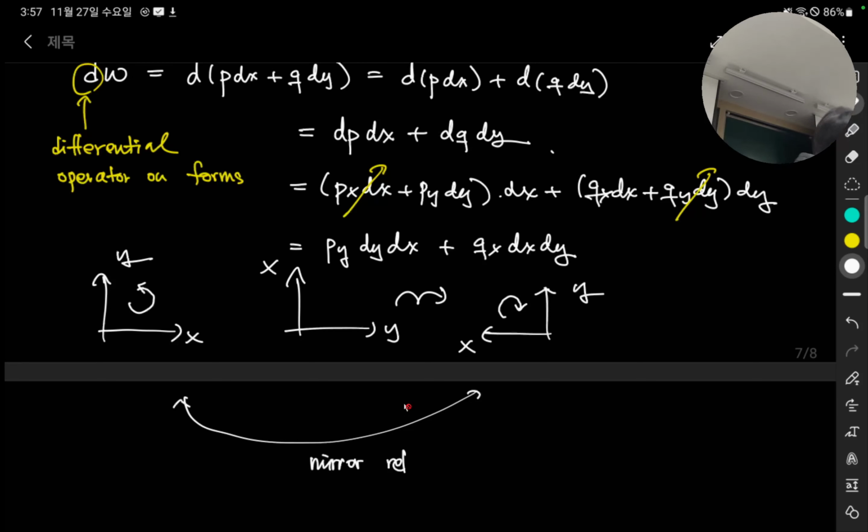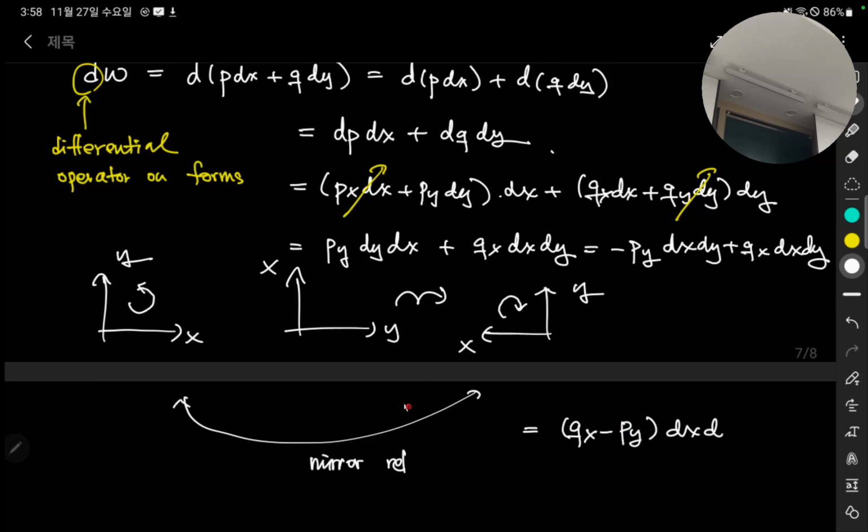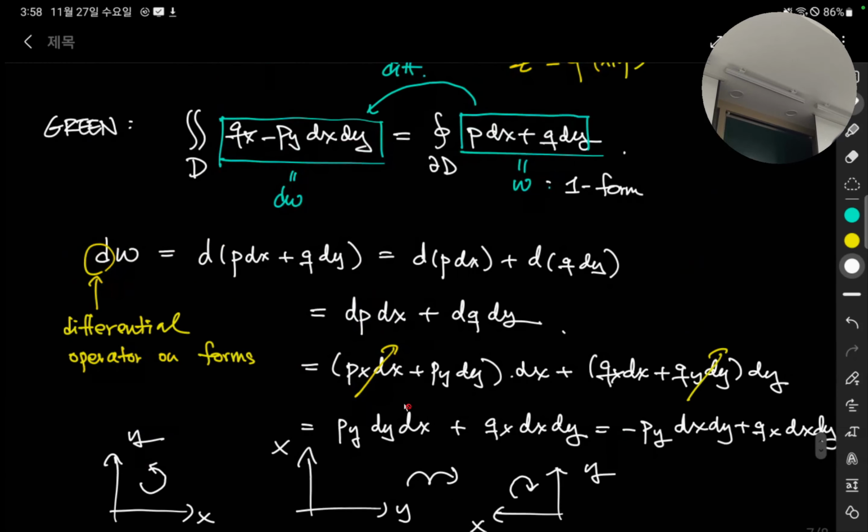So the dy dx integration is actually the opposite orientation integration to the dx dy integration. So you want to put the negative if you change the order of dx and dy. So it's minus Py dx dy plus Qx dx dy. Therefore, it's the same as Qx minus Py dx dy. That's your d omega, the differential of the one-form omega. And that is exactly the same as what you see in the Green theorem.